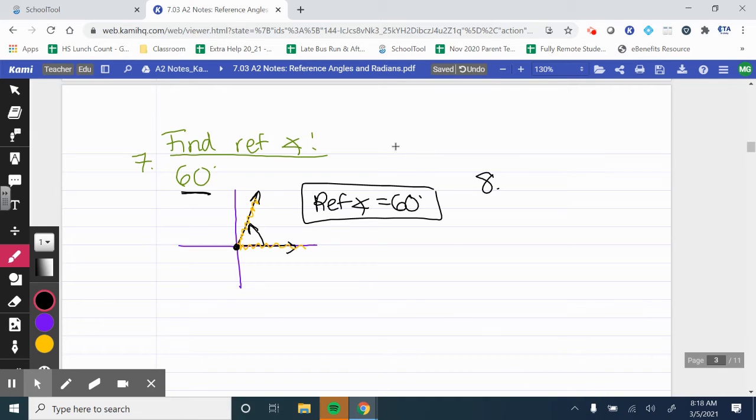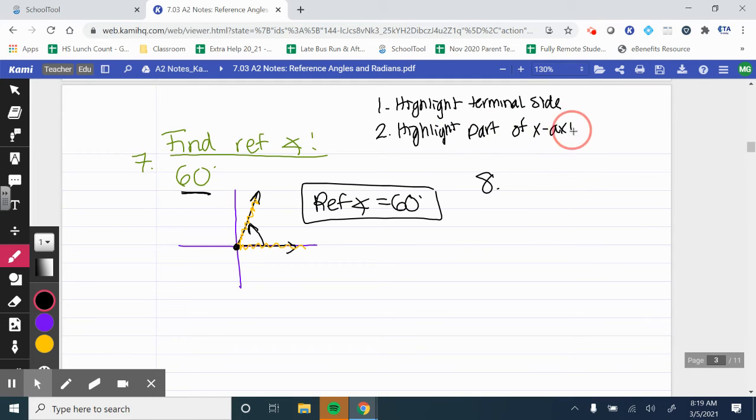Okay, so, and let's write out our steps as we do these too. So 1, highlight or darken the terminal side. And then number 2, highlight or darken the part of the x-axis closest to the terminal side.